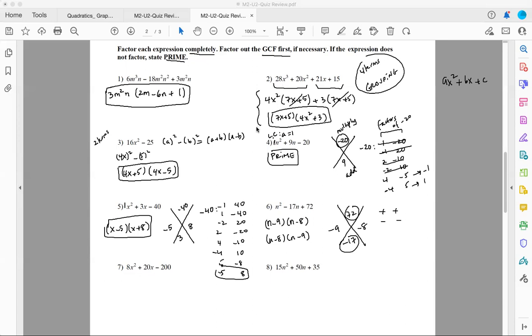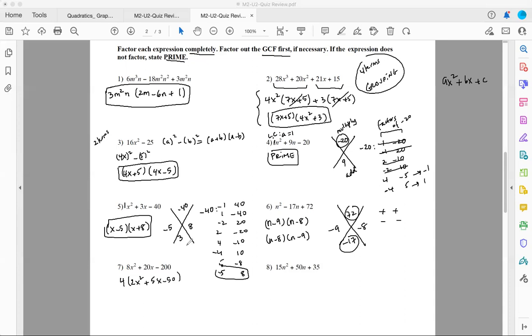Now 8, 20, and 200, not only do they have 2, they actually have 4 in common. So 4 is the GCF, and there are no letters in common. If I factor a 4 out, I'm left with 2x squared plus 5x minus 50.